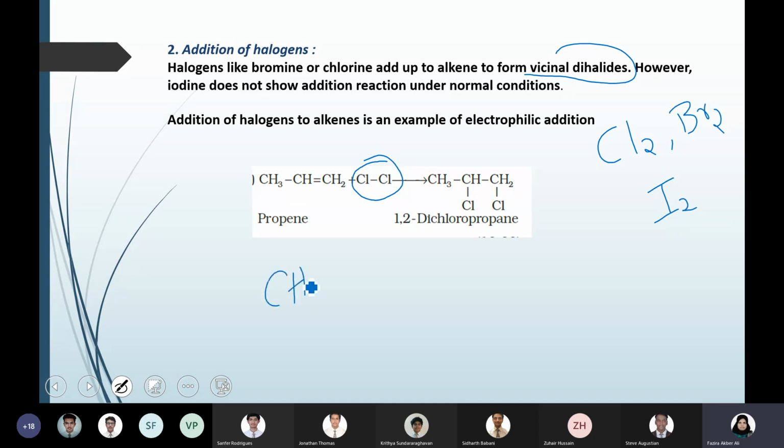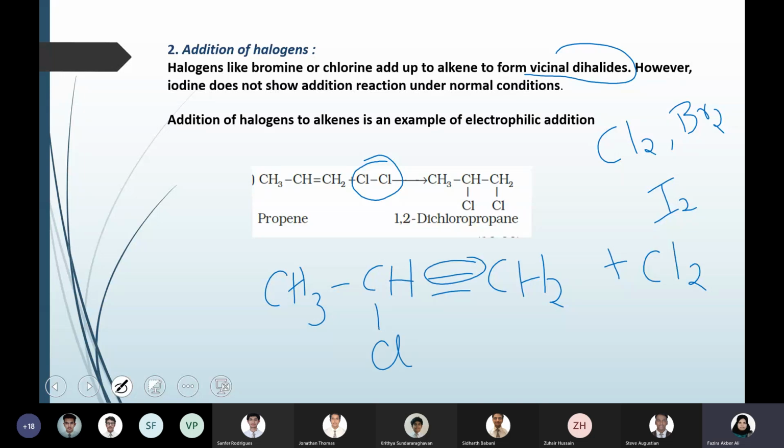Say here CH3, CH, double bond, CH2, and you are adding chlorine. This bond is breaking down and chlorine is added on the carbon atoms which were involved in the double bond. So instead of a double bond, each carbon atom makes a bond with chlorine, and you get a vicinal dihalide.